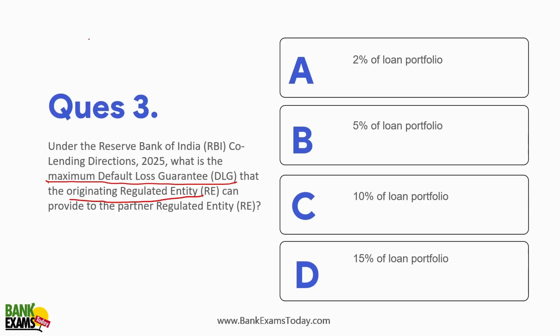As a borrower, let's say I went to Bajaj Finance for the loan. Bajaj Finance had the marketing or sales team which helped me get the loan. So Bajaj Finance is the originating regulated entity. In this case, they can provide up to 5% default loss guarantee, 5% of the loan portfolio.